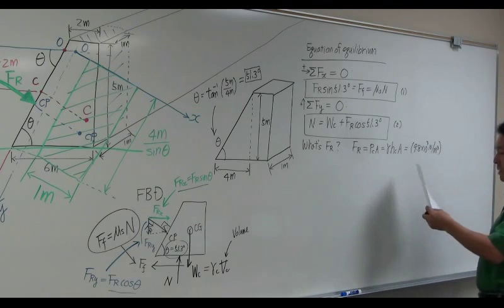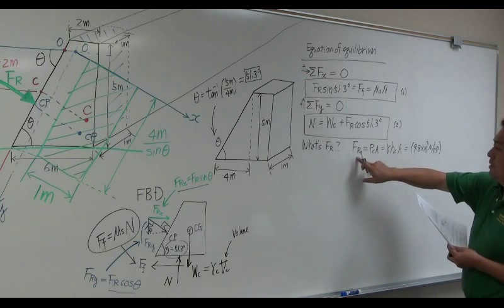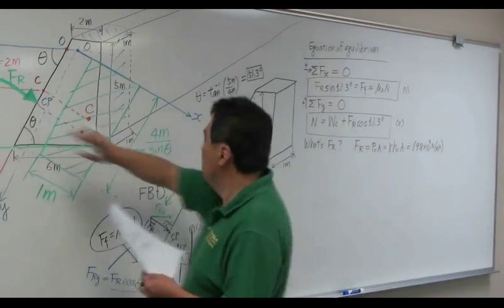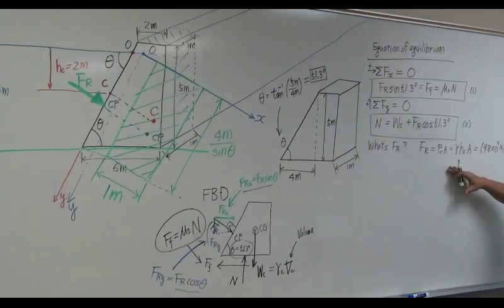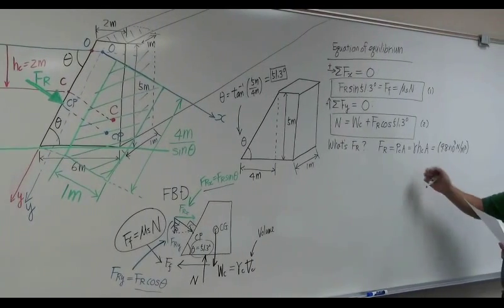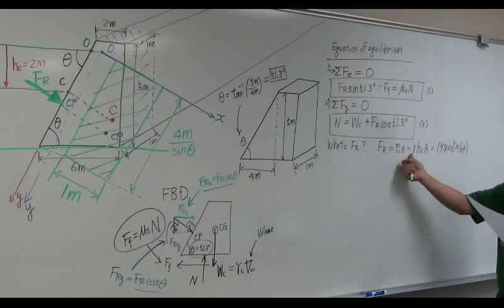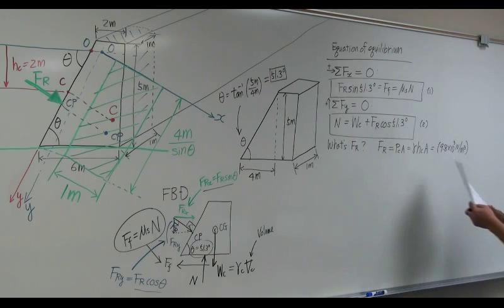This is water's specific weight, because that's what the water is creating Fy. It's probably not a common mistake, but if you want to use gamma of concrete here, it's a totally wrong solution, of course. This is a gamma of liquid creating hydrostatic resultant force. Okay, don't make that kind of mistake.